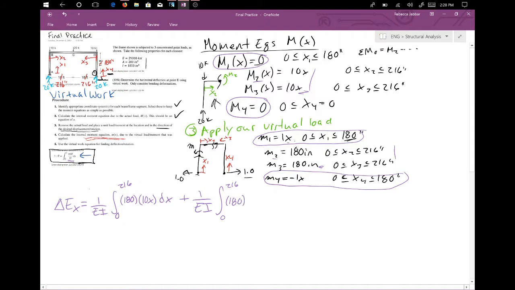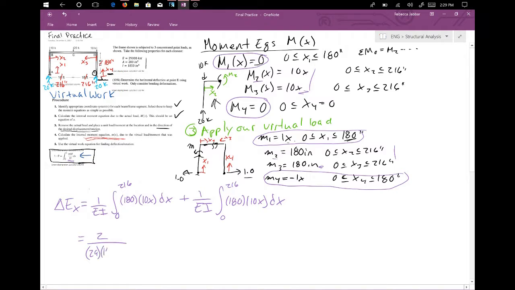For this though, we will actually write it out. 10x dx. Let's do what I said. So we'll put 2 here, as in we'll only solve one time.